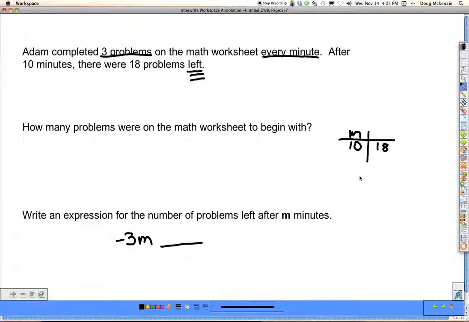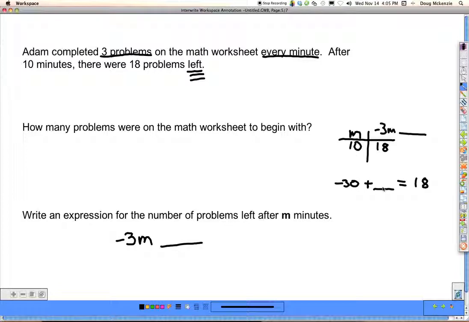So I'm going to use my negative 3m and then finish the rule. So negative 3 times 10 is equal to negative 30. Plus or minus something is going to give me 18.